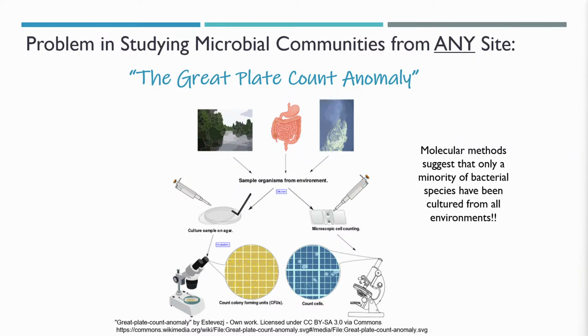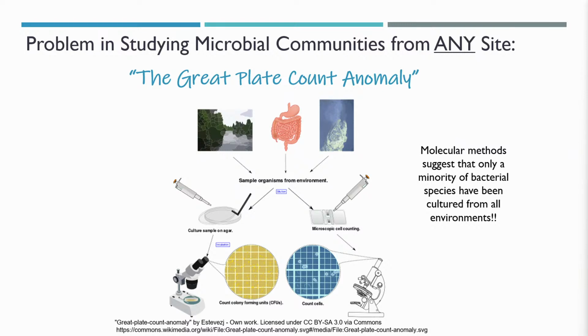You'll see that the number of colonies that grow on the petri dish is substantially less than what you see on the microscope. This is one of the most profound puzzles in microbiology, and there are many efforts to grow them in culture media that haven't been successful.